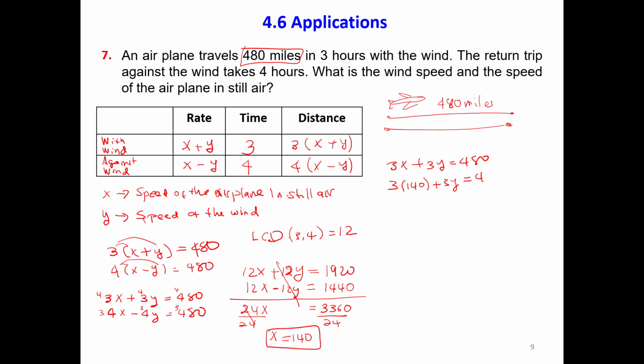Here we have 3 times 140, which is 420, plus 3y equals 480. Solving for y, 3y equals 60. Divide by 3, and y equals 20.